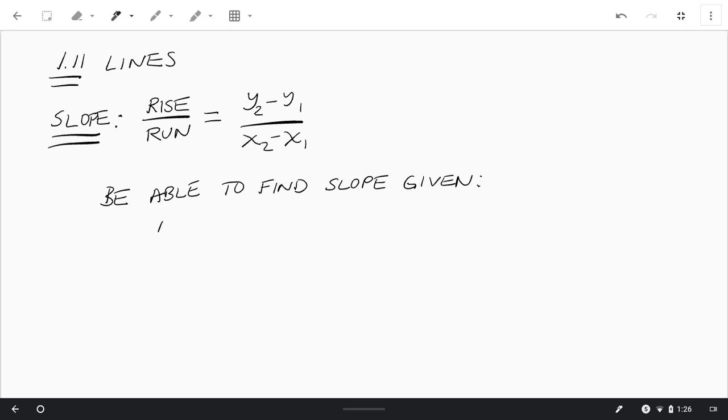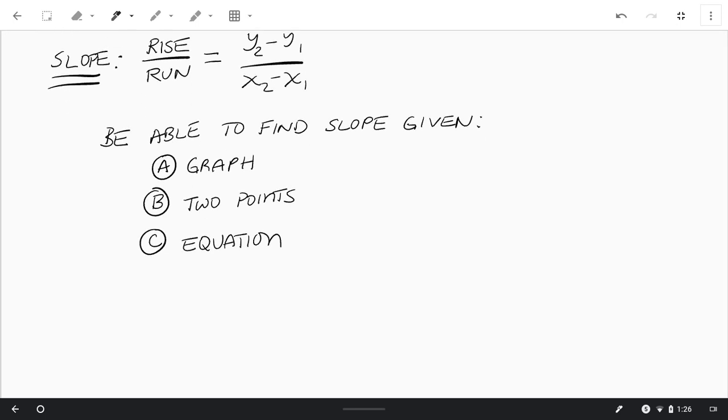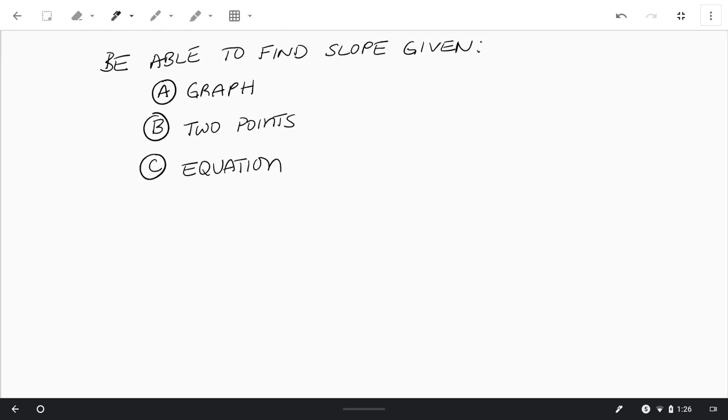So if you're given a graph, be able to find the slope. If you're given 2 points, be able to find the slope. And also if you are given just an equation, a linear equation. Okay, so we'll take a look at an example of each of these and how you find the slope.